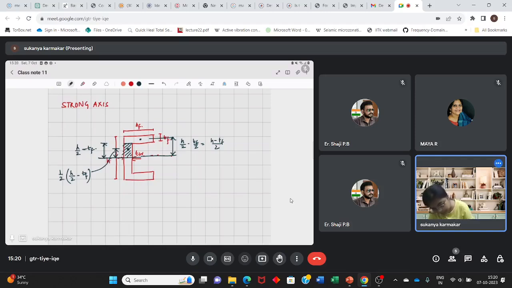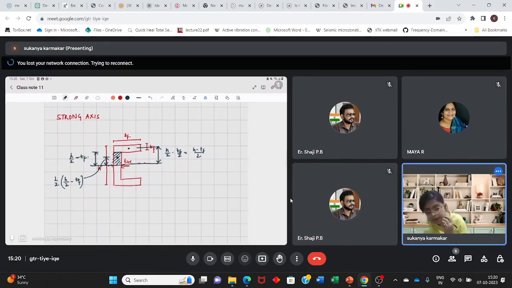Let's call this the ZZ axis, the equal area axis.